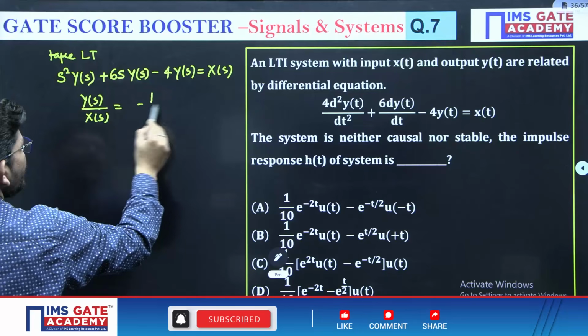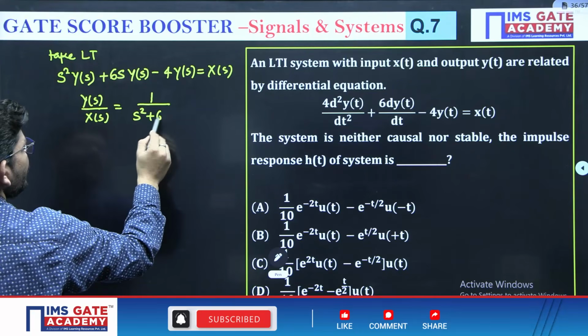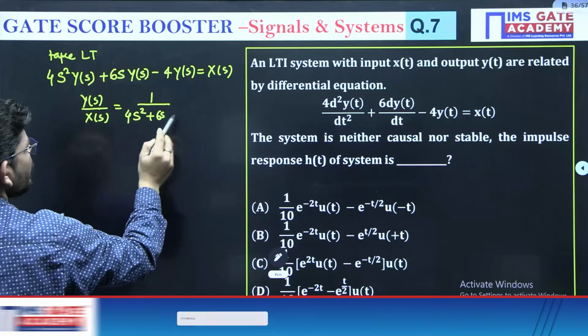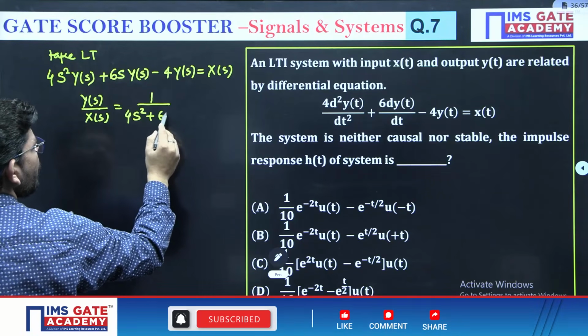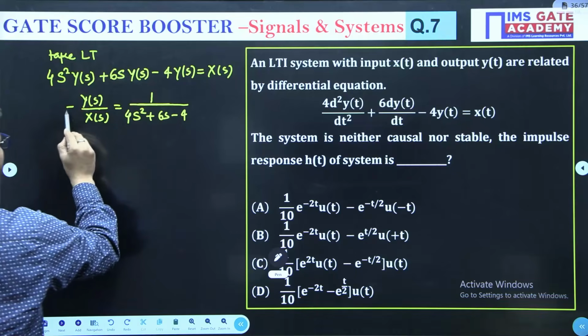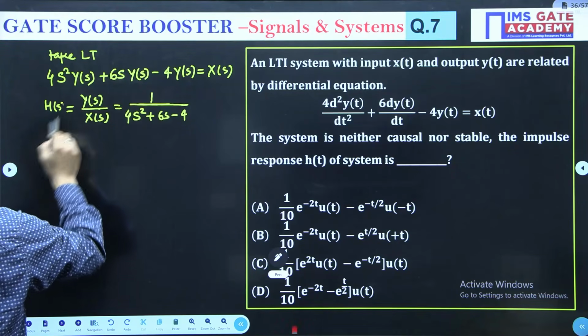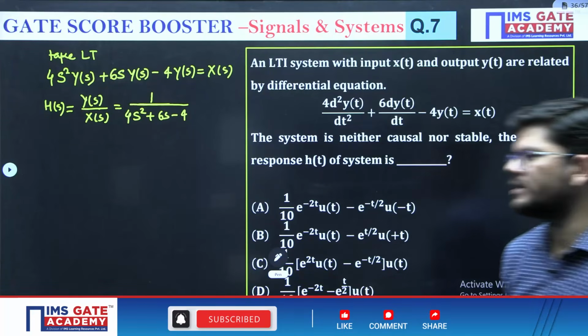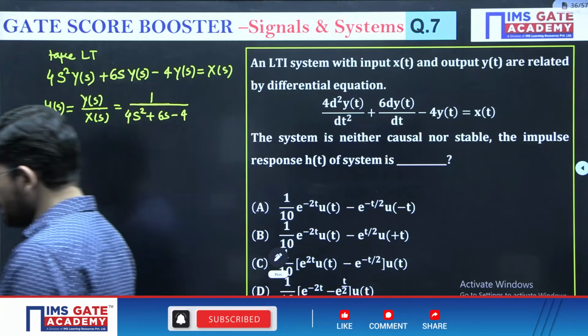That will give you 1 upon s squared plus 6s minus 4, I forgot the 4 earlier. And we will call it H(s), the transfer function. Correct. We need the impulse response, so we will take the inverse Laplace to get the impulse response.